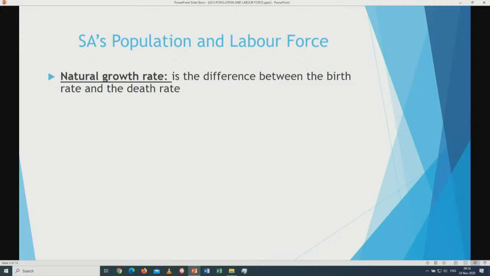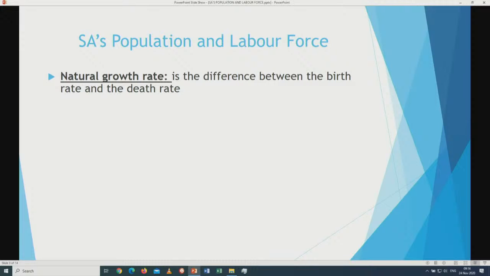Now, we have what we call the natural growth rate of the population. When we talk about the natural growth of the population, here we are looking at the difference between the birth rate and the death rate. Remember, the birth rate is the fertility rate and the death rate is the mortality rate.